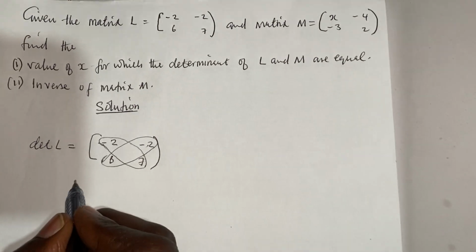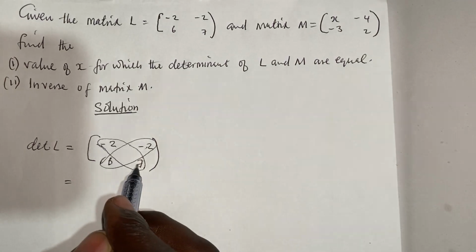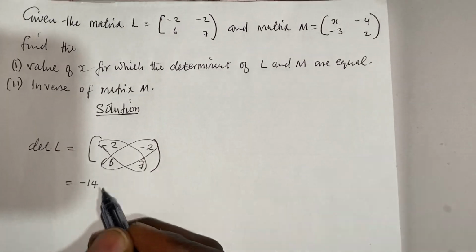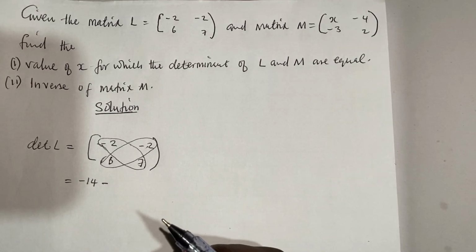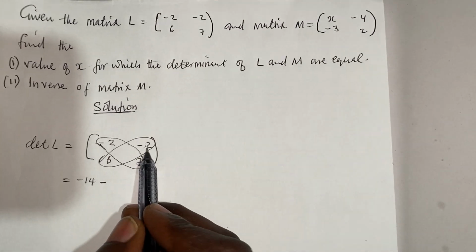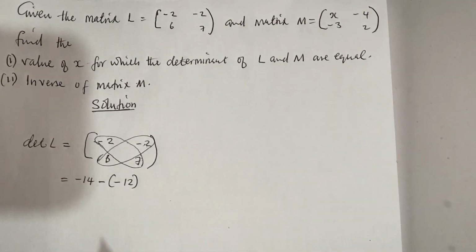So we multiply this one times this one, then minus this one times that one. In this case, we have -2 times 7, which is -14. Then minus, because we're supposed to subtract, 6 times -2, which is -12.